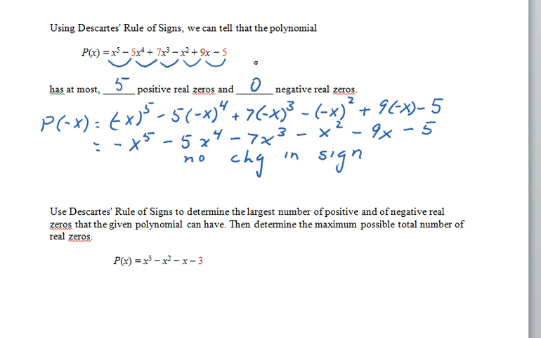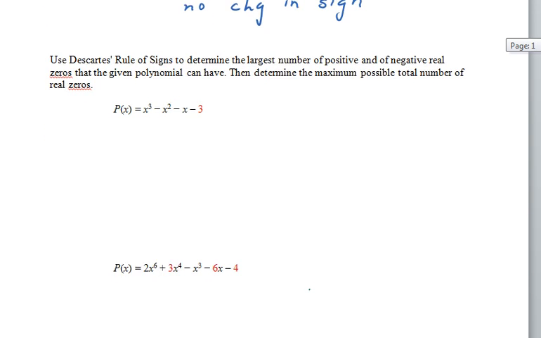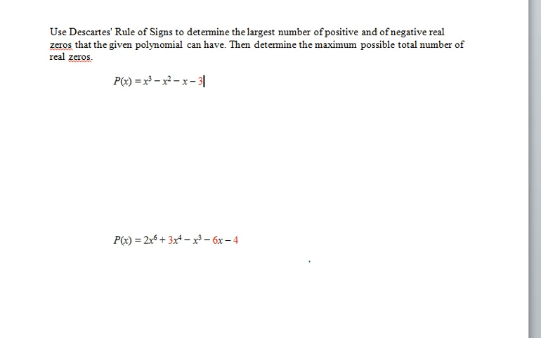And so, looking at the next example, the only difference is, after finding the maximum number of positive and the maximum number of negative real zeros, we're also asked to list the total maximum possible for real zeros.